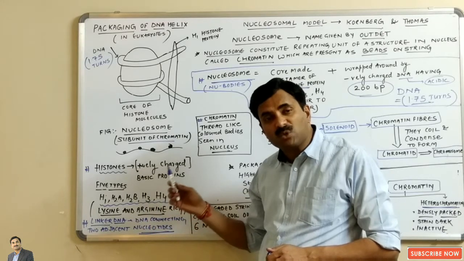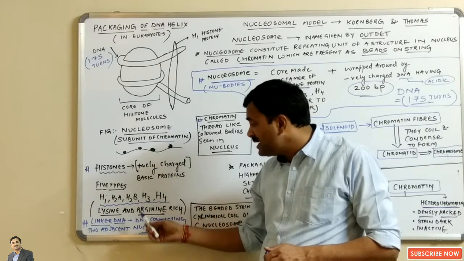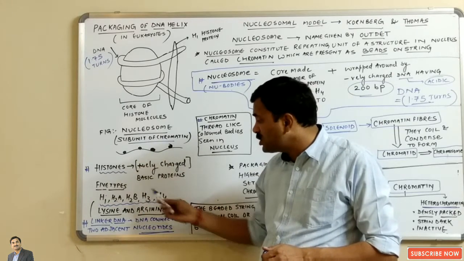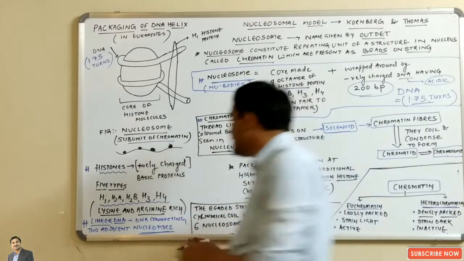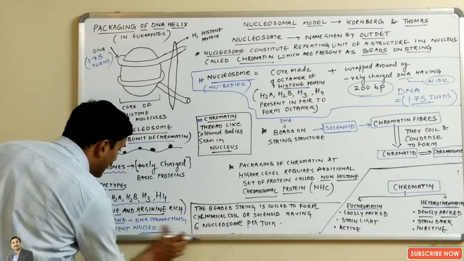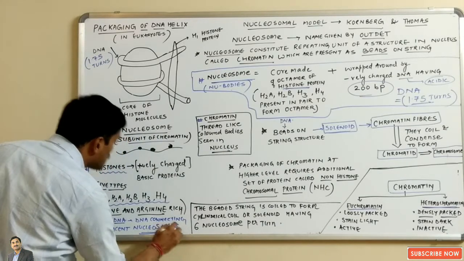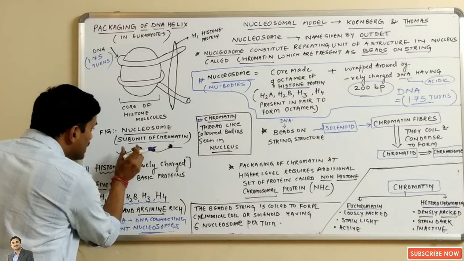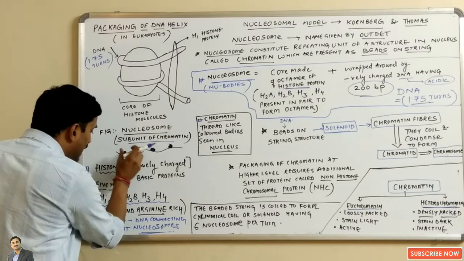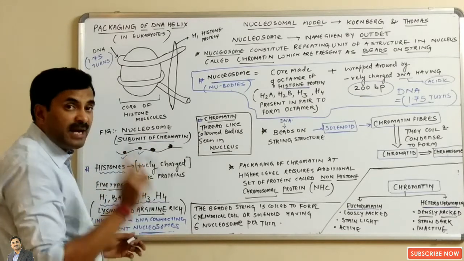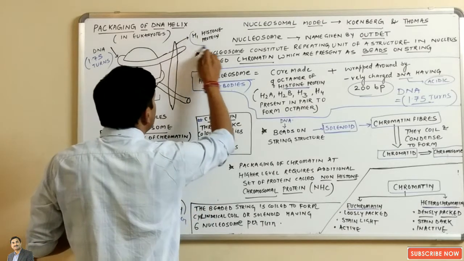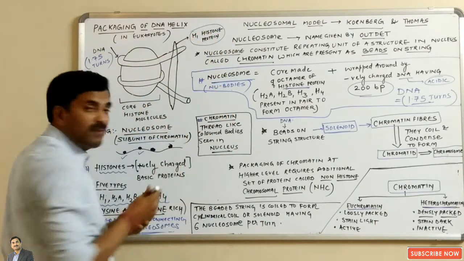If somebody asks you what a linker DNA is, it is the DNA which links the adjacent nucleosomes. Two nearby nucleosomes are joined together with the help of linker DNA. And remember one thing, associated with the linker DNA are H1 histone proteins.